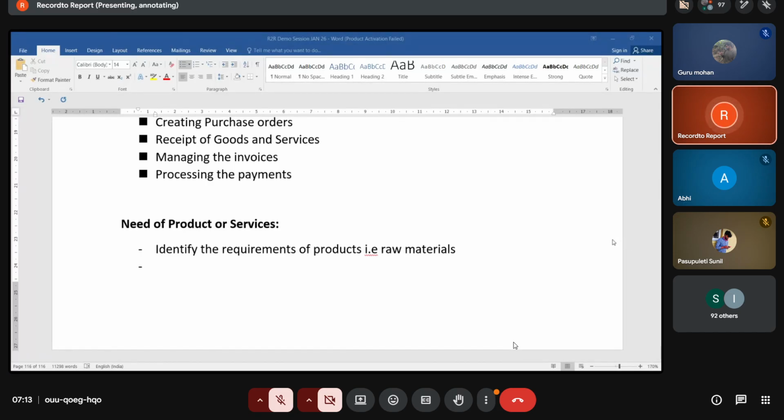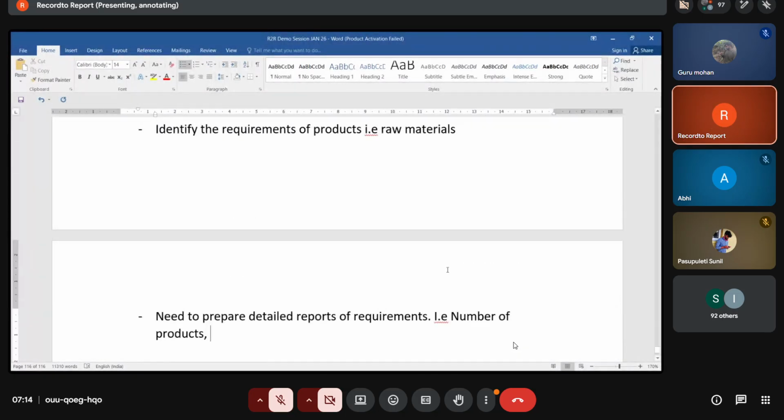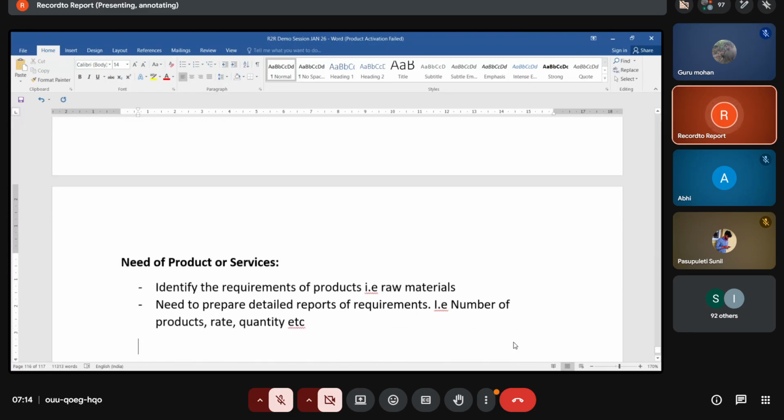We need to prepare a detailed report of requirements: number of products, rate, quantity, etc. All the details are to be prepared. First, need of product or services.